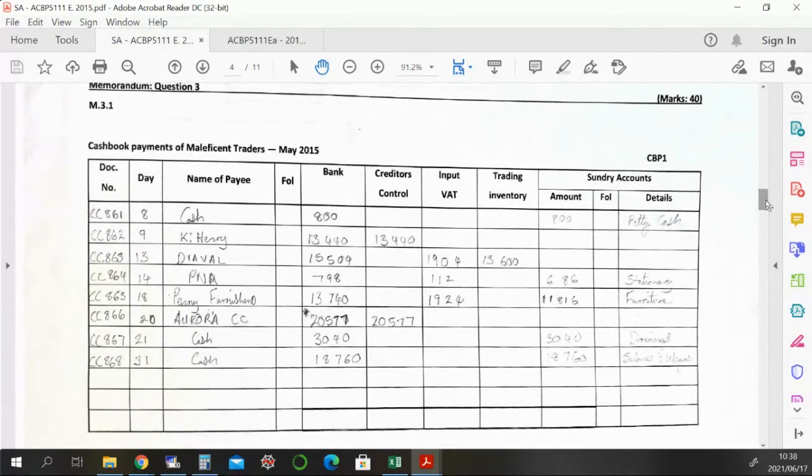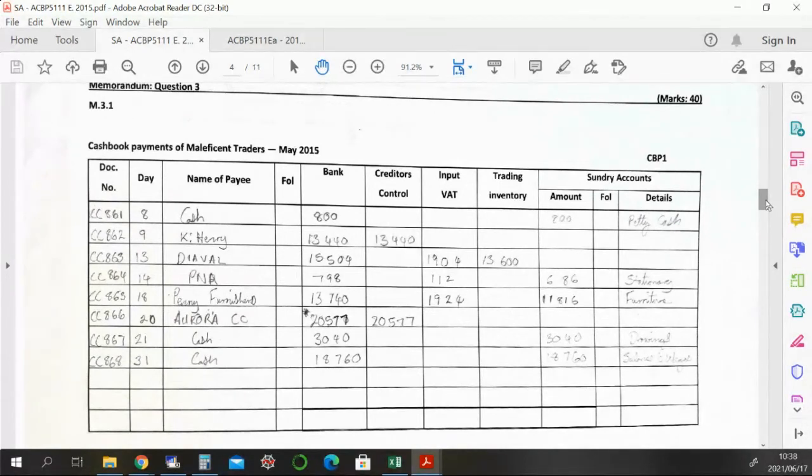So here we have quite a few transactions. Then we have trading inventory returned to the supplier. That's the creditors allowance journal. Next one, purchased a staff room couch, furniture, and paid cash. So that's going to be your cash payments journal.